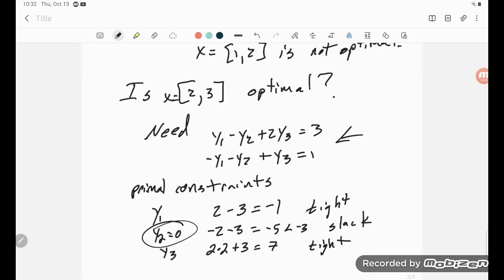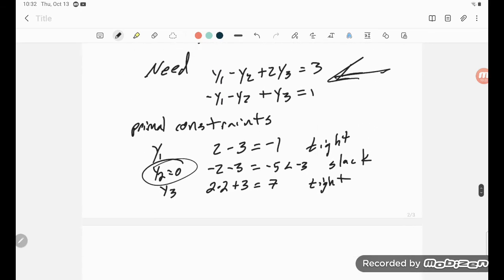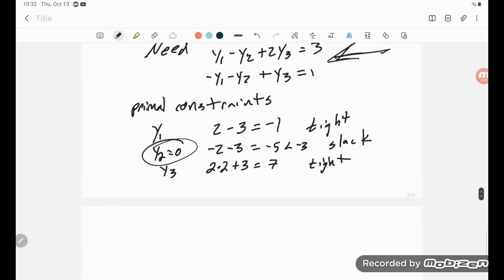But so y2 up here actually is equal to 0. And so what we have are the equations y1 plus 2y3 is equal to 3, and minus y1 plus y3 is equal to 1.